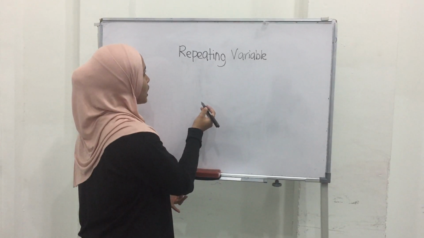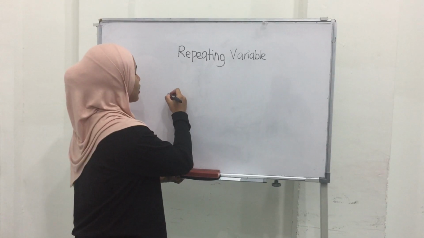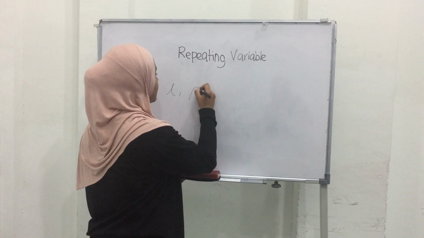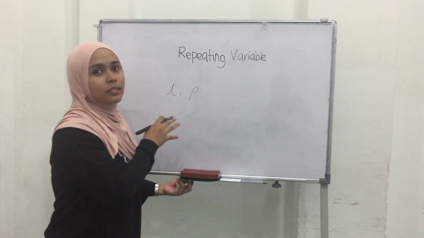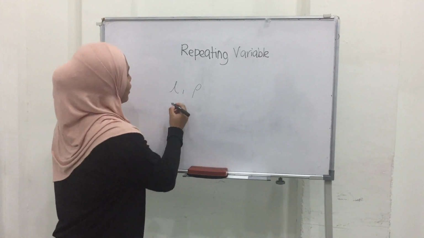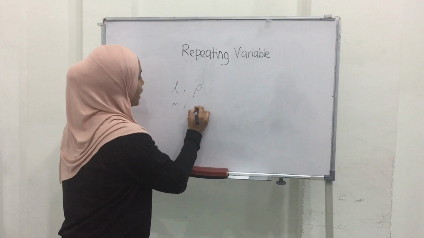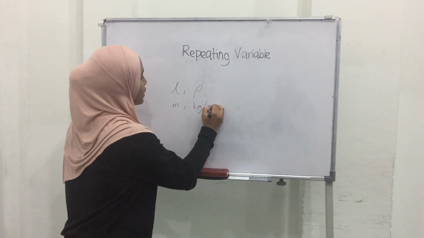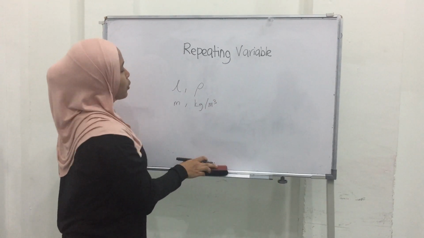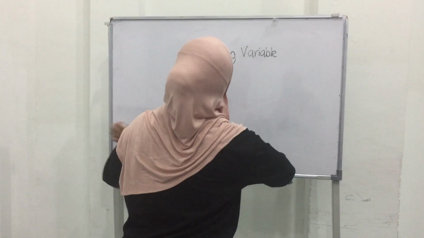We have to form not a unit but a symbol, such as in fluid we have length and density, rho. These are some examples of repeating variables, because the unit of length is m, and density is kg over meter cubed.